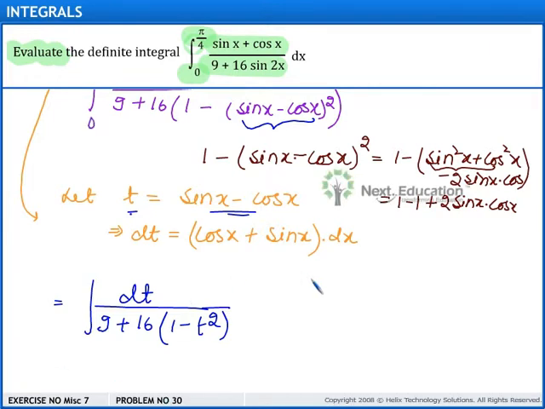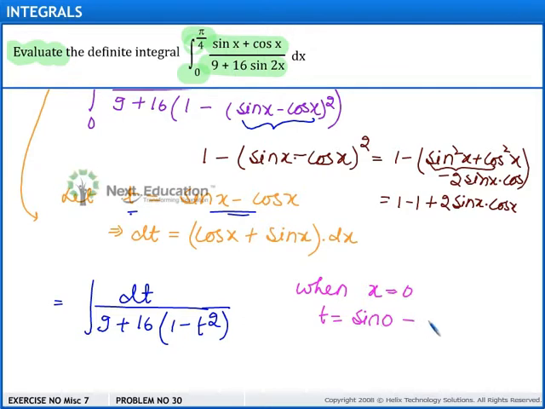Now, when x is equal to 0, then t is equal to sin 0 minus cos 0. Sin 0 is 0 and cos 0 is 1, so t is equal to minus 1.